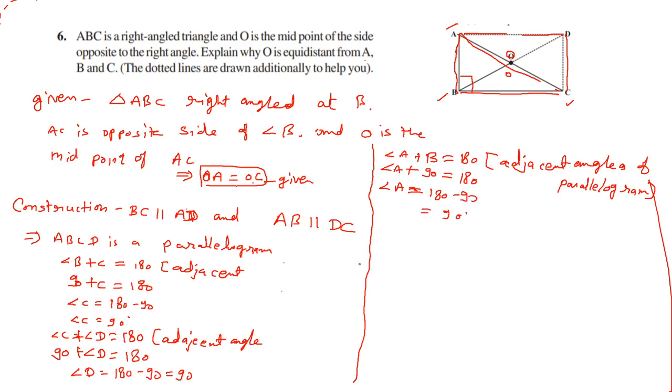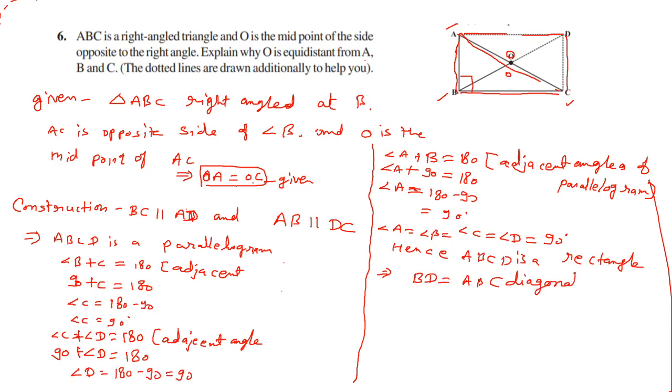In this way, angle A is equal to angle B is equal to angle C is equal to angle D is equal to 90 degree. Hence, ABCD is a rectangle. And this implies that diagonals are equal.